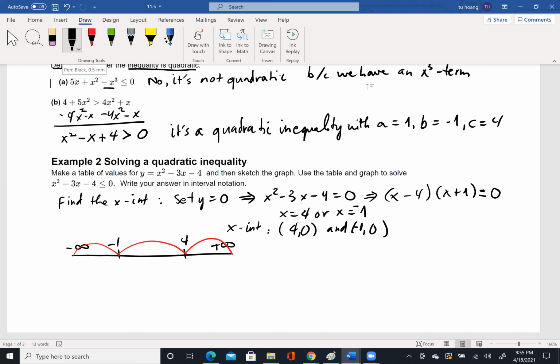Before -1, I'm going to choose -2. After -1, I'm going to choose 0. After 4, I choose 5.